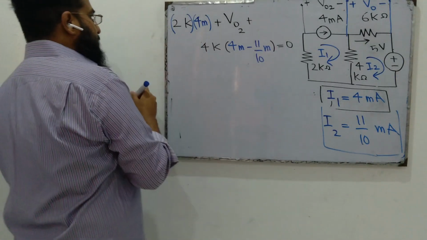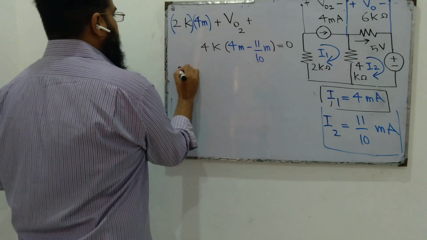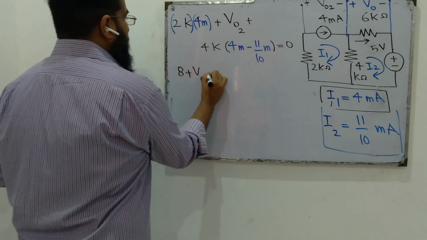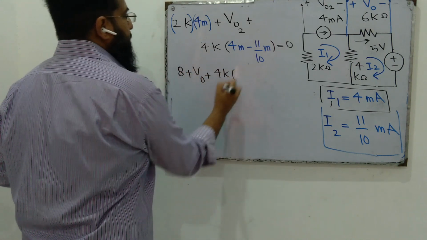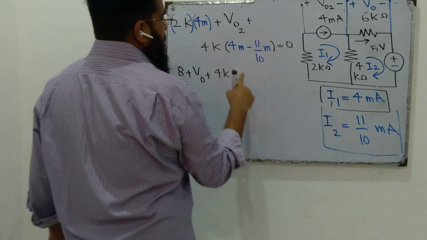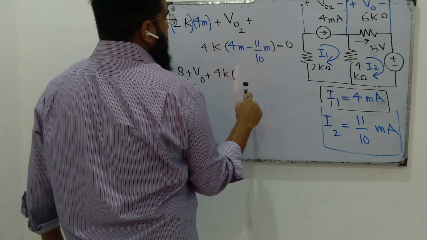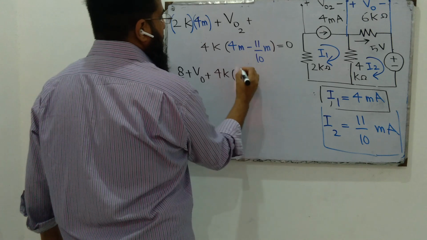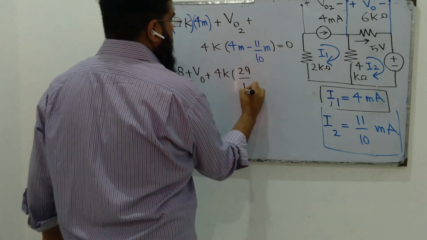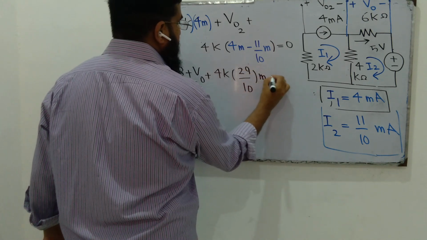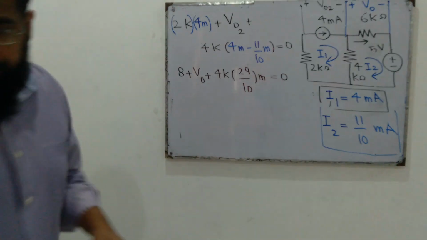So 4 2s are 8. Plus 4K times, 40 minus 11 is 29 over 10 milli, equal to 0.